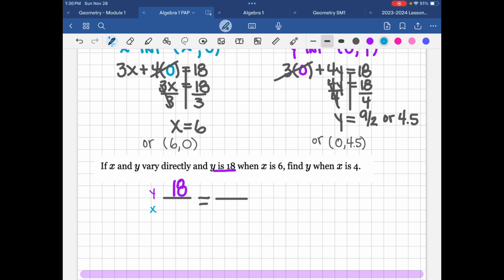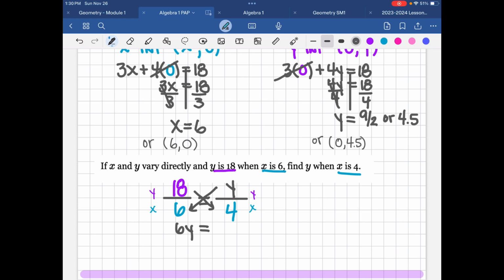when x is 6. Now I'm going to do the same thing on the other side, y on top, x on the bottom, and then they're going to give me the other one. So they're going to say when x is 4, that's going to go on the bottom, and I'm solving for y. I'm just going to cross multiply, which means I'm going to multiply 6 times y, and I'm going to multiply 18 times 4.